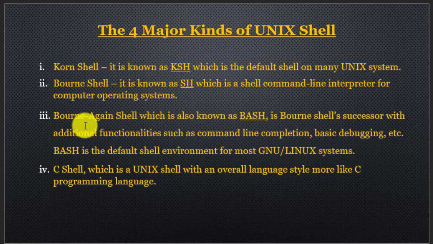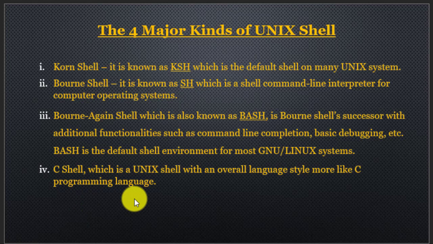We also have the Bourne Again shell, also known as Bash. It is the Bourne shell's successor with additional functionalities such as command line completion, basic debugging, and so on. Bash is the default shell environment for most Linux systems we have around us, alright? And the last one is the C shell, a Unix shell with an overall language style more like the C programming language.